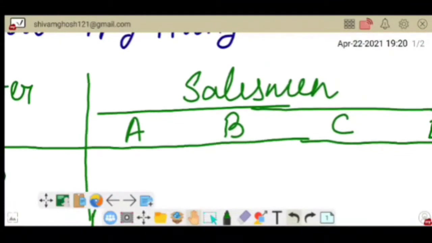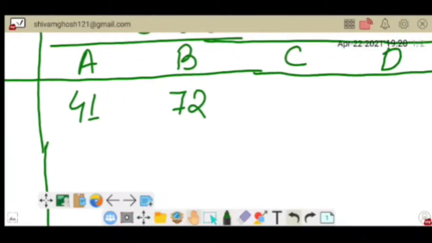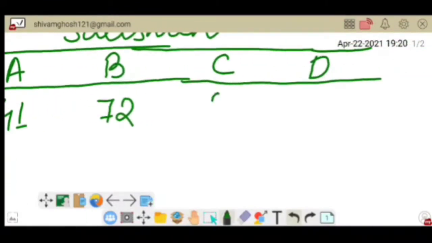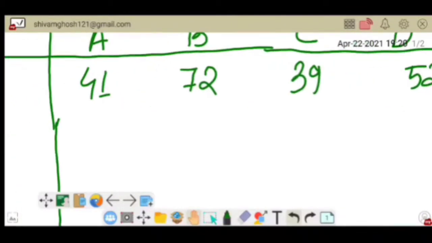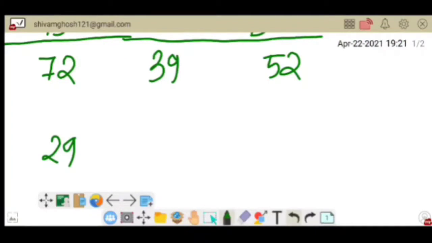And in the question it is written that 41, 72, 39 and 52. In the next row, that is 22, 29, 49 and 65.